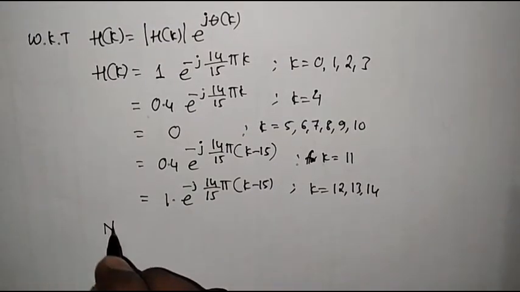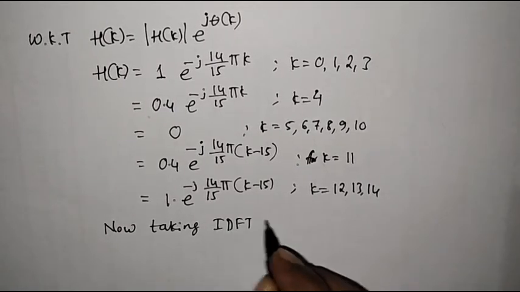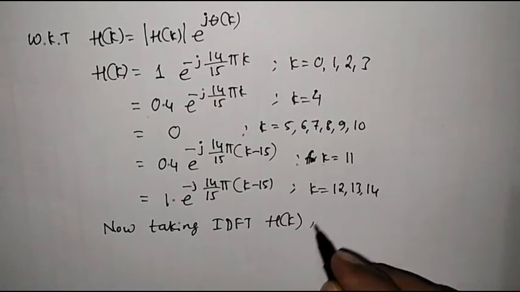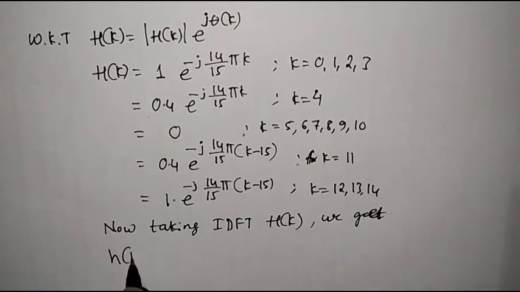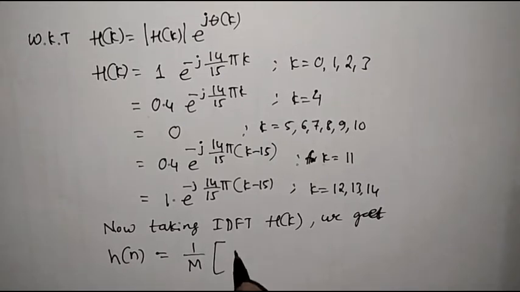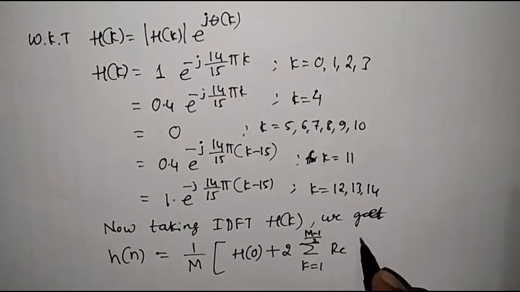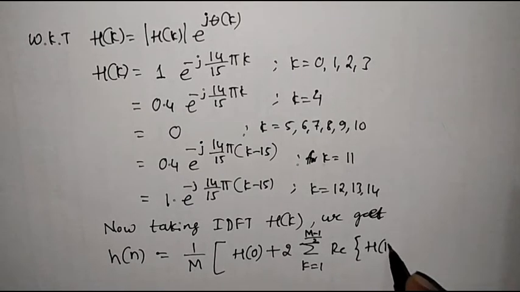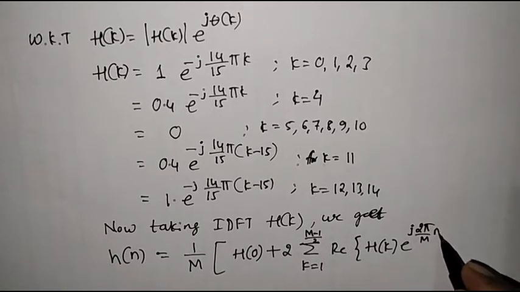Now by taking the inverse discrete Fourier transform of h of k, we get h of n is equal to 1 by m, h of 0 plus 2 summation k varies from 1 to m minus 1 by 2 of real part of h of k e power j 2 pi by m n into k.